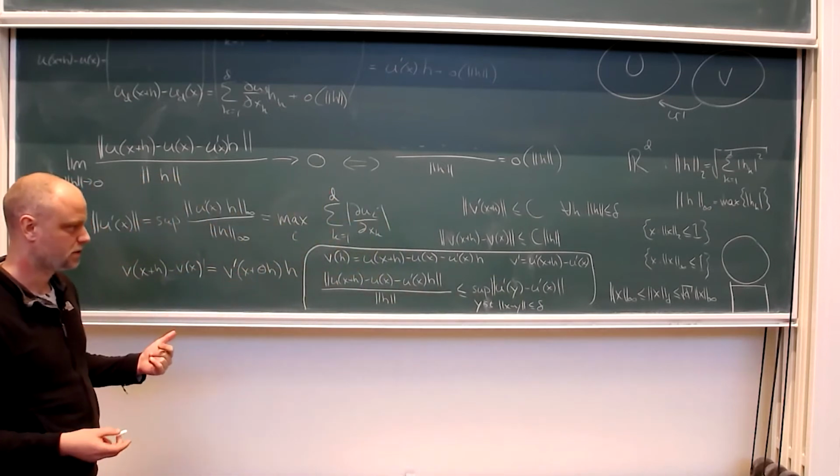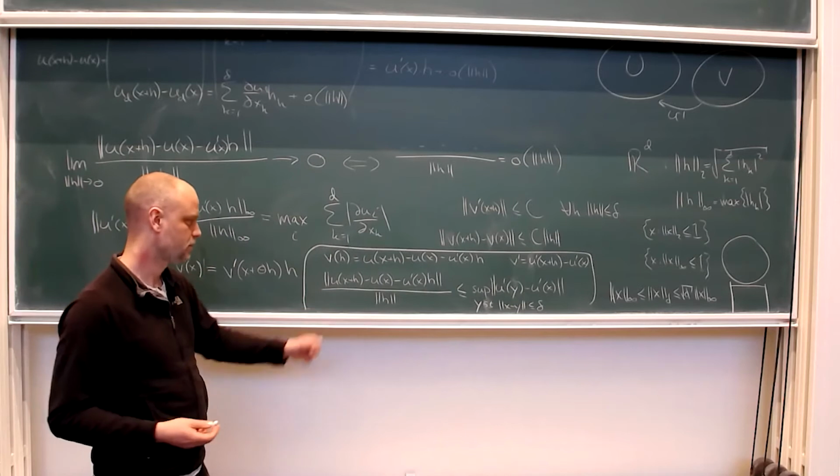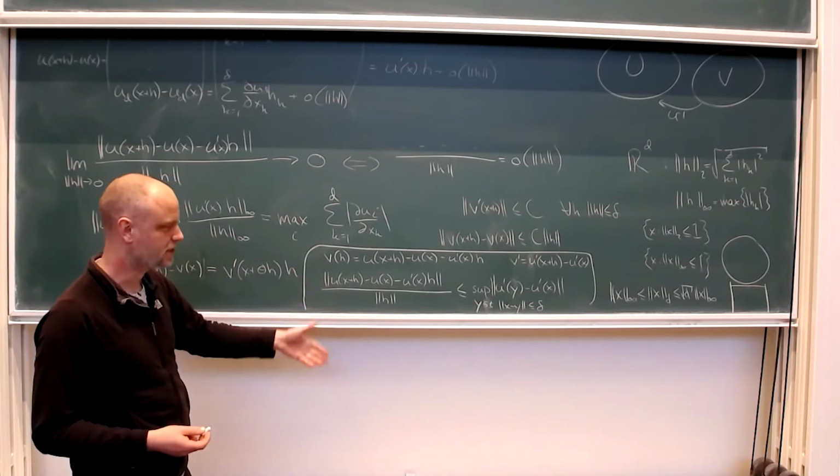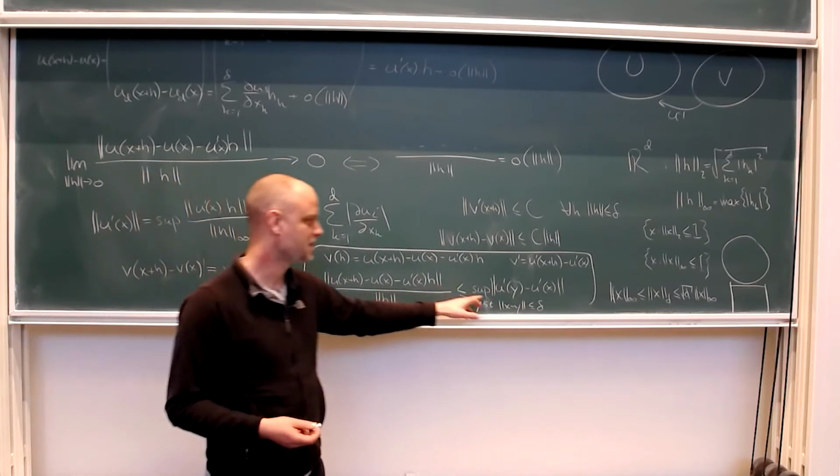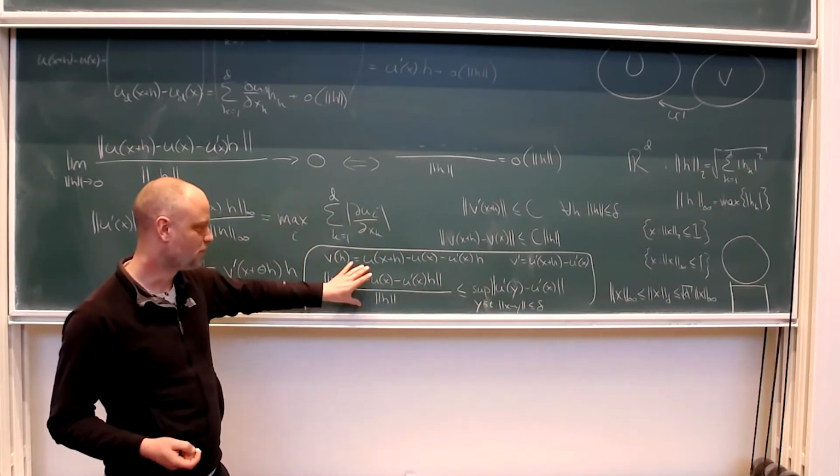Okay, so if h is less than delta in norm, then this supremum here dominates this.